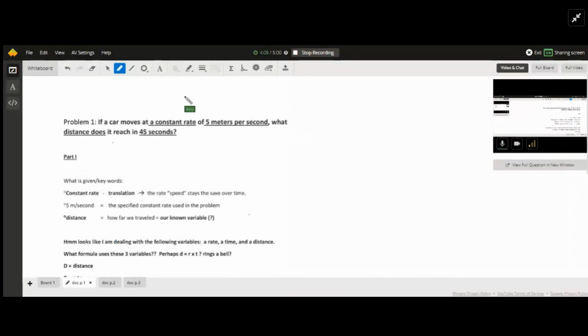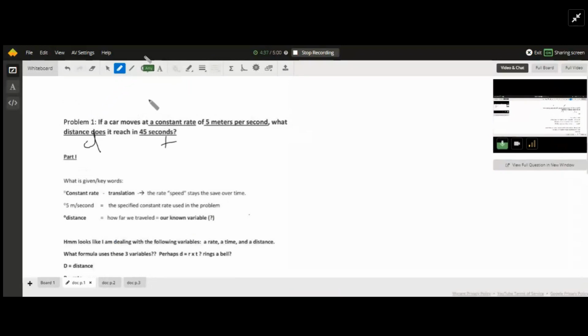Now, if it hasn't already, you may have noticed something that you become very good at recognizing right away, and that is we have a rate, we have what appears to be a time, and we need a distance. It's asking for a distance.